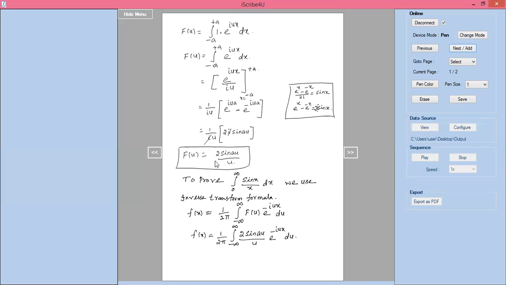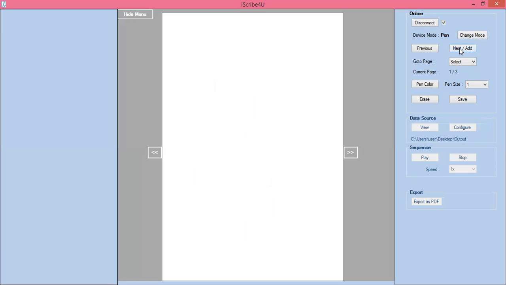Now I'll write this one only, in the next sheet. F of x equal to, if you take 2 outside, 2 divided by 2 pi, integration of minus infinity to plus infinity, sine au divided by u into e power minus iux into du.